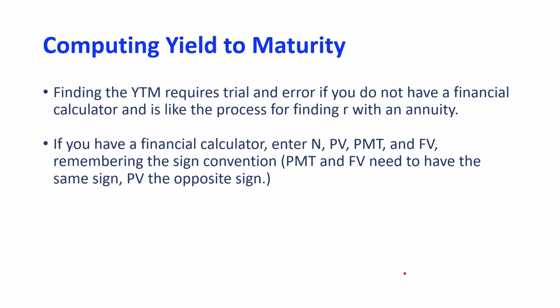But if the present value of the cash flows that you calculate end up being higher than the price today, then your guess was too low. You're going to increase that, and vice versa. You're going to keep changing the guess or keep doing this trial and error process until you get very close to the yield to maturity.